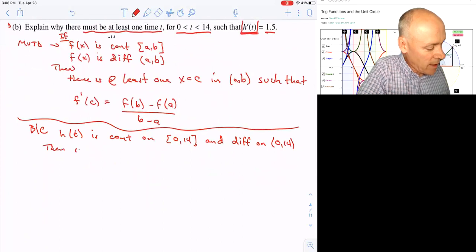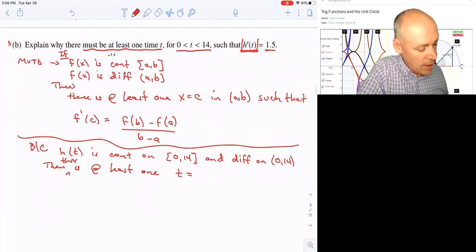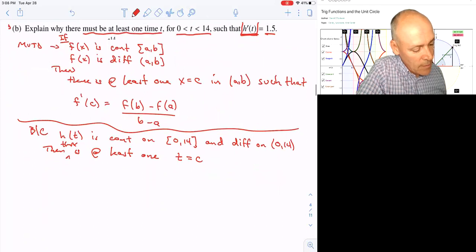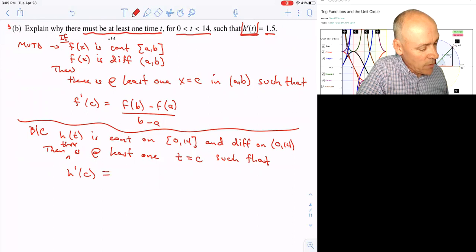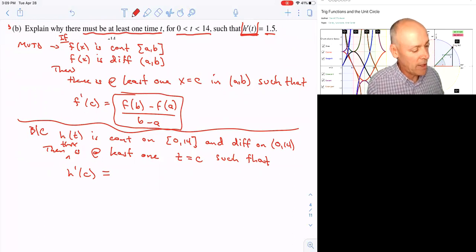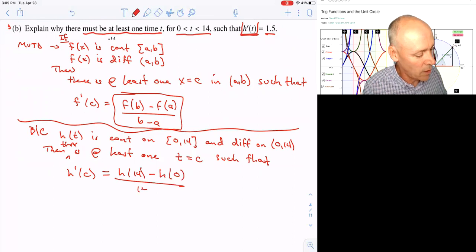Then I can conclude there is at least one, using not x but t, there is one t equal to c such that h prime at c is equal to, and now I'm basically replicating the right side of my conclusion in the context of my problem, h at 14 minus h at 0 over 14 minus 0.